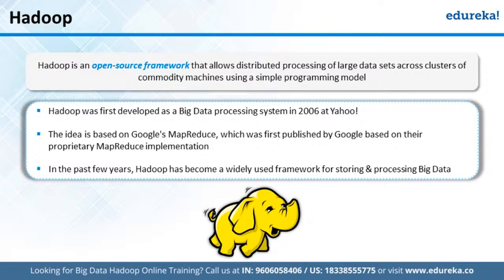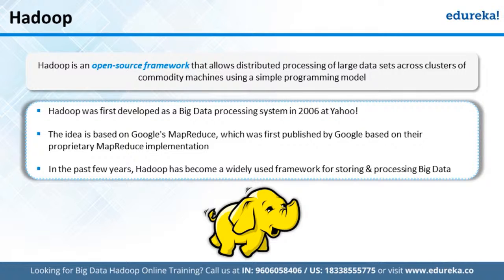Those three papers were proprietary to Google, but they made them public. So from there on, it became an open source system. Time and time again, people came on, added different components to the system, and enhanced them.